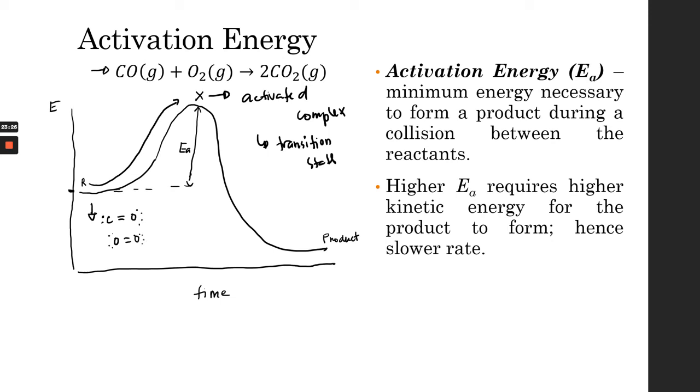But as these two keep bumping, again, they have to bump hard enough and they have to bump in a proper orientation, meaning C needs to bump into O. And if they manage to do that, they will finally achieve this activated complex or reach enough activation energy to proceed to the product. But before they proceed to the product, they would assume a transition state.